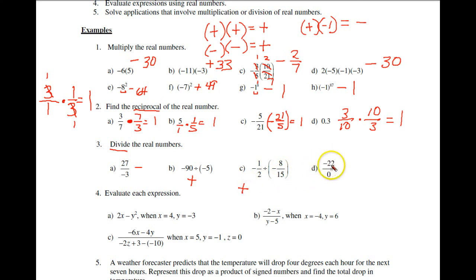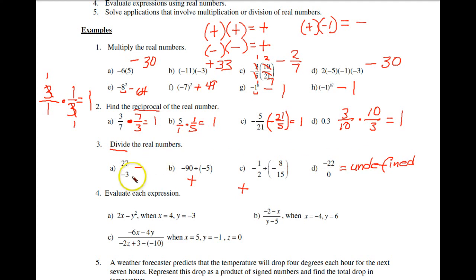Now, in an earlier lesson, we said any number divided by 0 is undefined. That could be a little tricky one because you're thinking, what sign would it be?